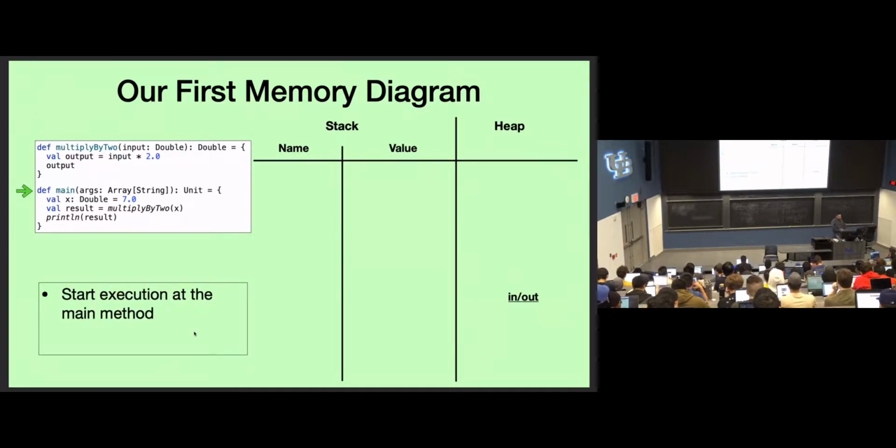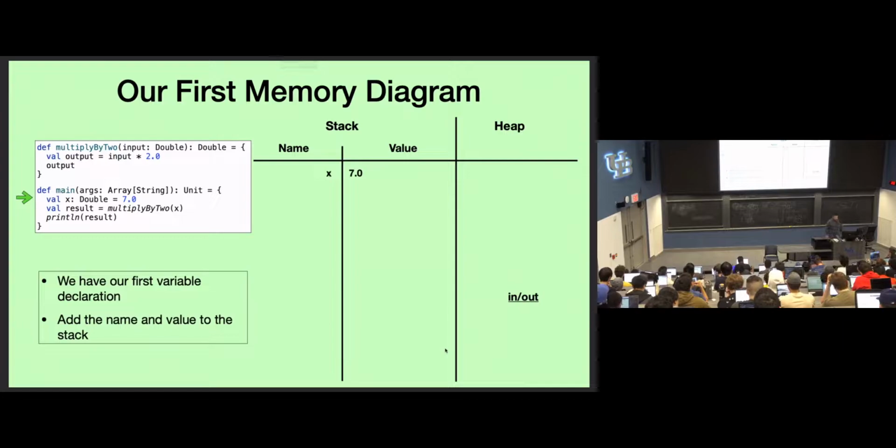So we're going to start execution with our main method and start filling in our memory diagram. So the very first thing, we're declaring a variable, naming it x, and assigning it the value 7.0. So all our variables go on our stack. We're going to put a variable named x on the stack with the value 7.